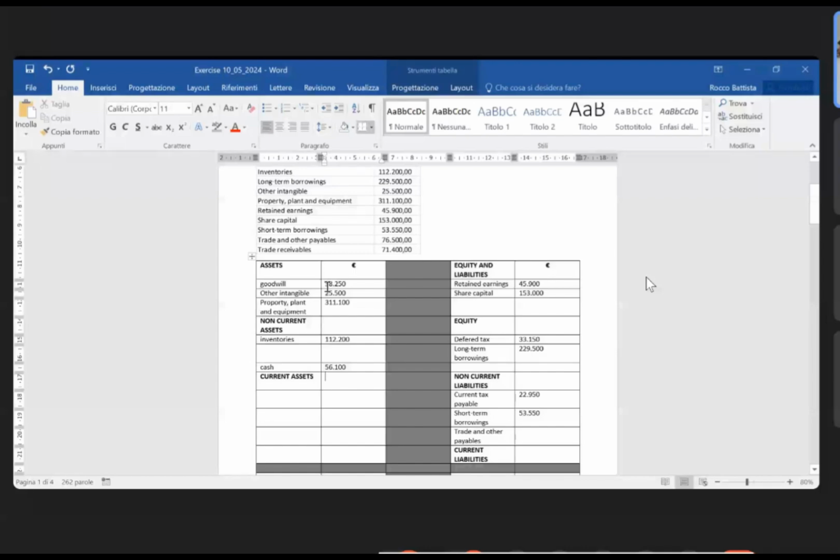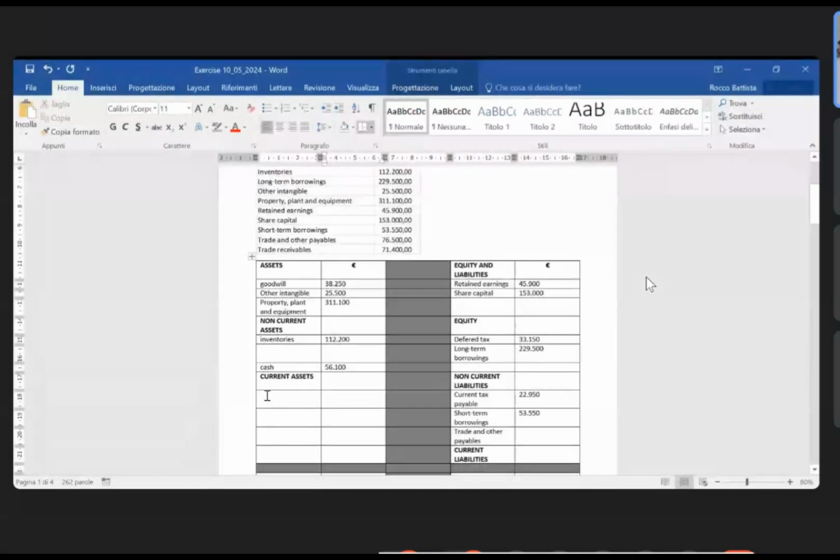So let's see the item non-current asset. When you put the subtotal, you have all your items up: goodwill plus other intangible plus property, plant, and here the subtotal of non-current asset.